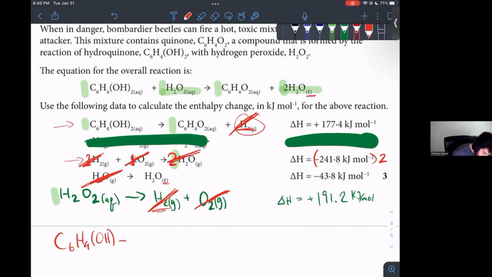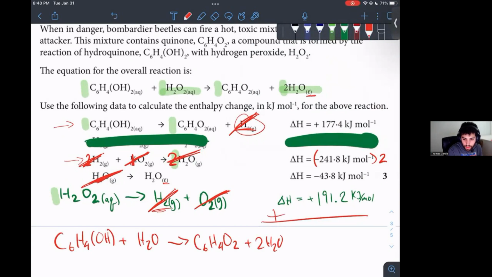C6H4OH plus H2O reacts to form C6H4O2 plus 2H2O. And then when I add all these up by doing a quick sum, I get delta H equals negative 161.8.